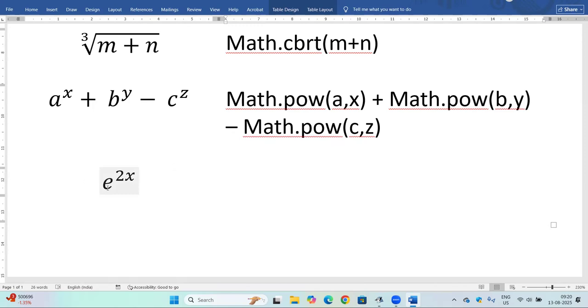It is not math.pow, it is the exponent value of 2 into x. So e to the power of any variable or a constant is the exponent of that value. So here we are going to use math.exp. exp stands for exponent. Exponent of what? Exponent of 2 into x.